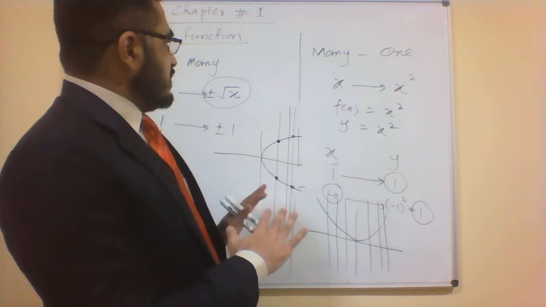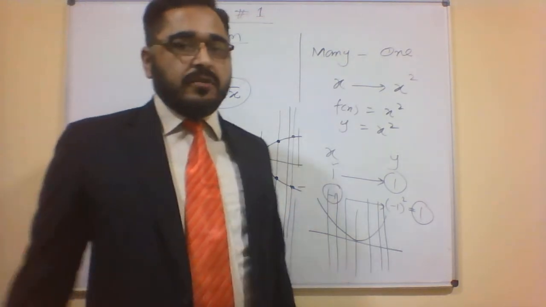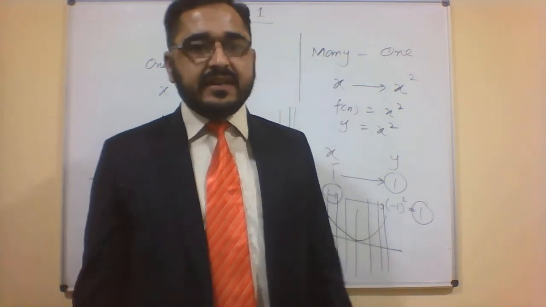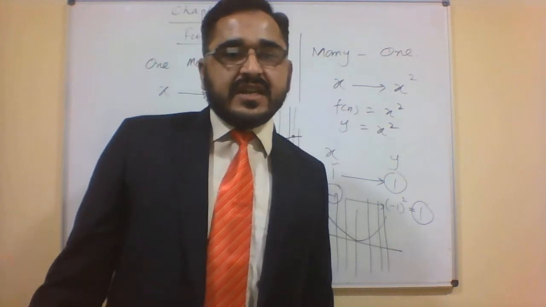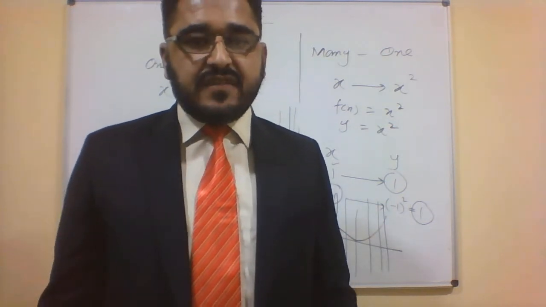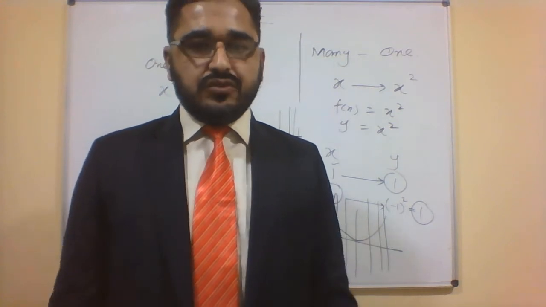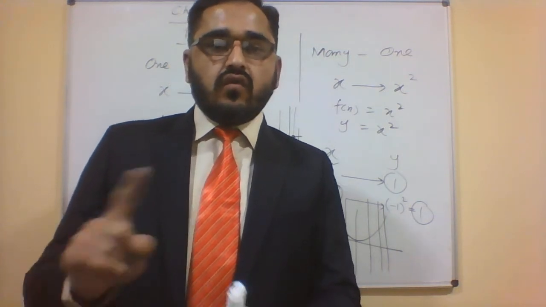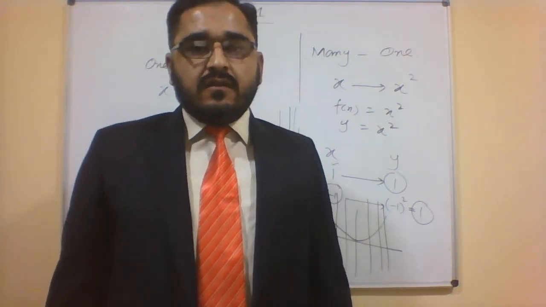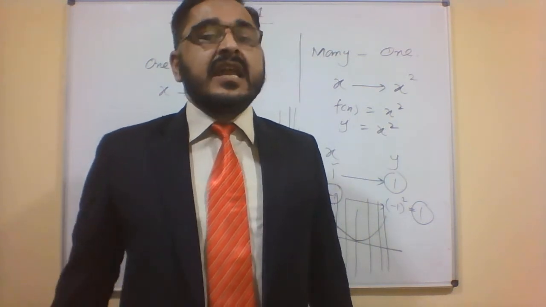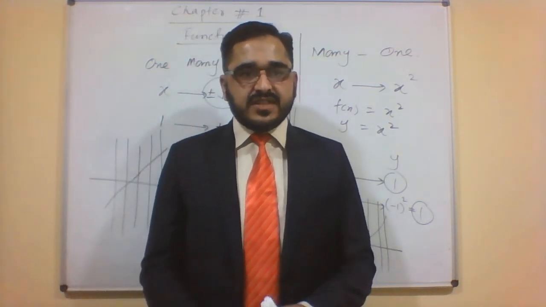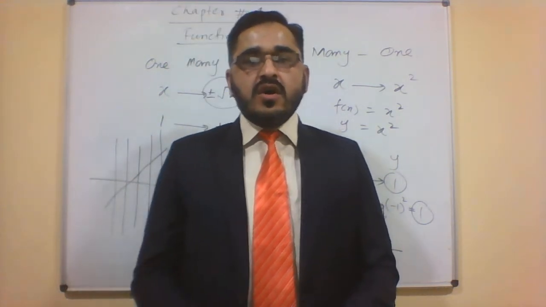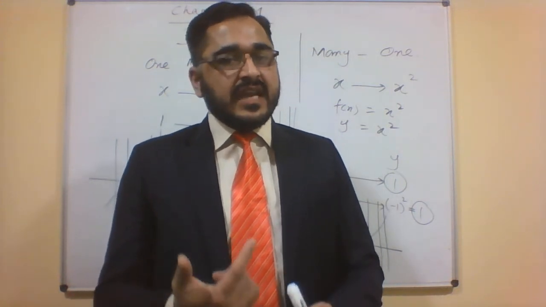We have already discussed mapping and domain-range. Now I will tell you how we can define a function. What is the definition of a function? A function is a rule that maps each x value to just one y value, for a defined set of input values.